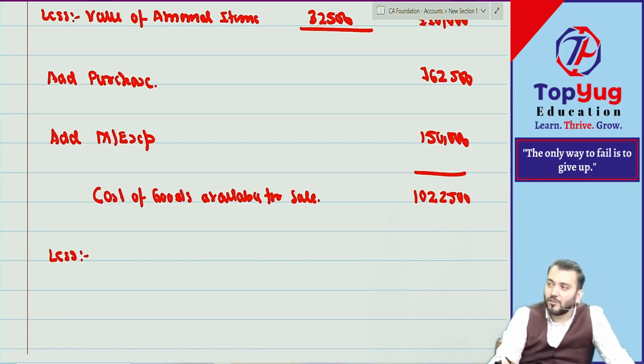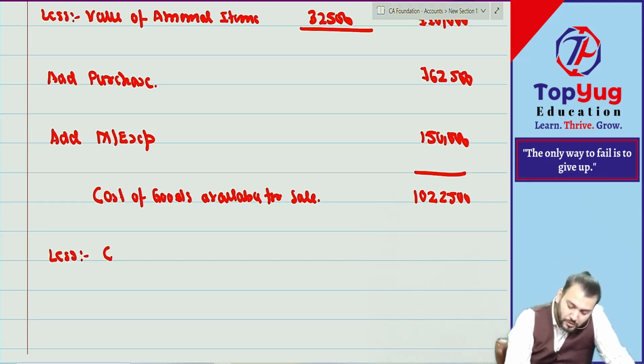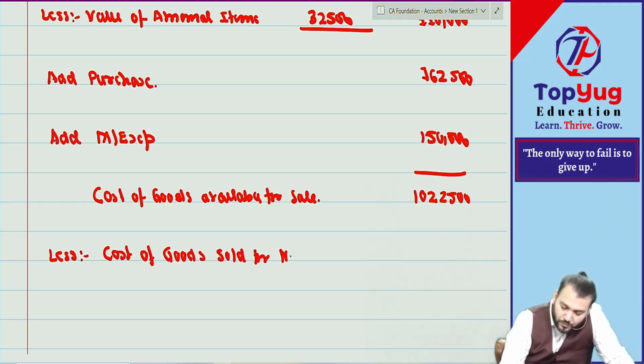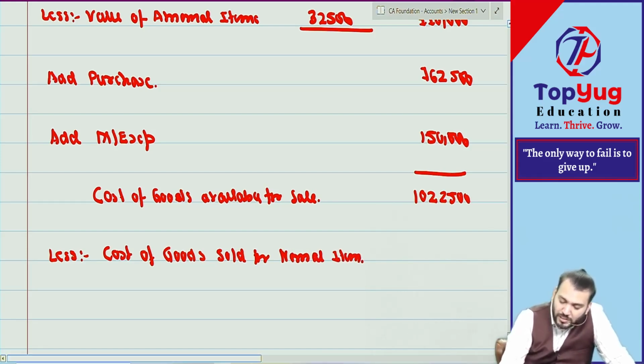From this, less cost of goods sold for normal item. What is the total sales given?